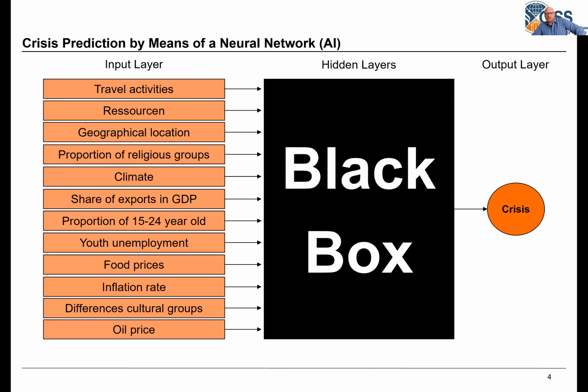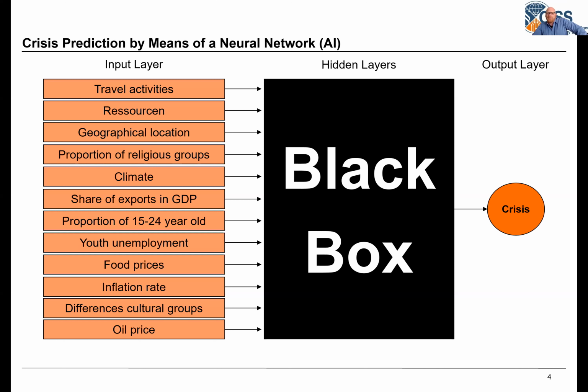you see on the one side the crisis, on the left side the input layer. And sometimes the situation of a country is very similar. They have an inflation rate, or the same kind of resources, or the same kind of geographical location, or another important factor is climate change and so on.